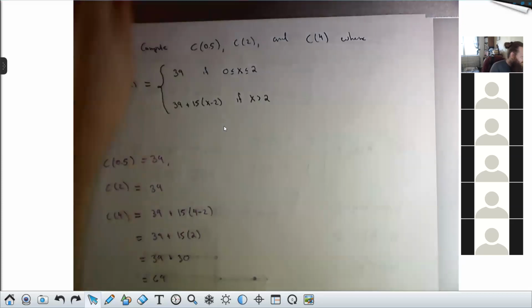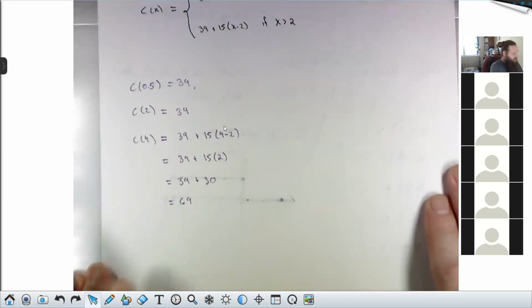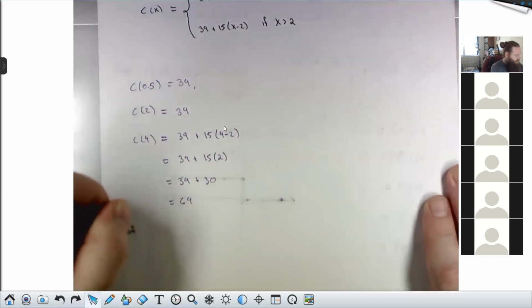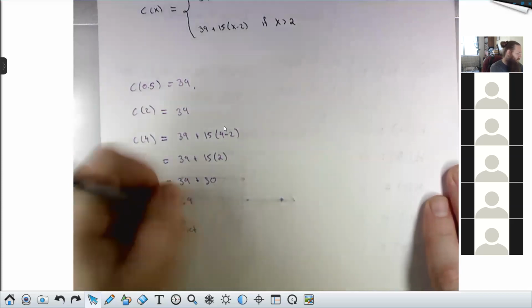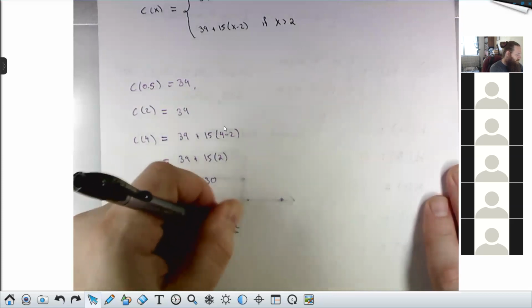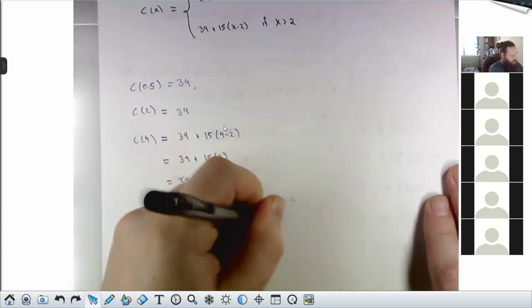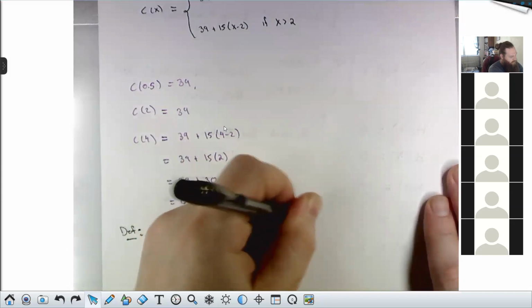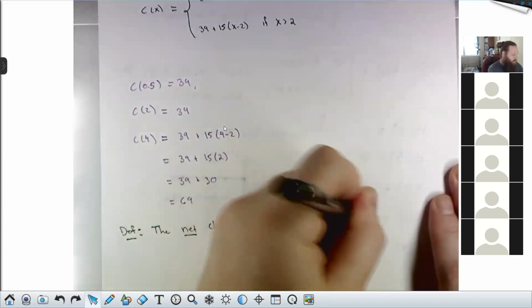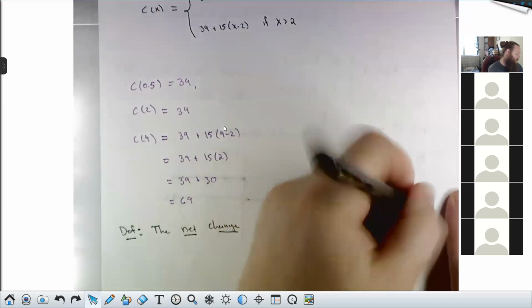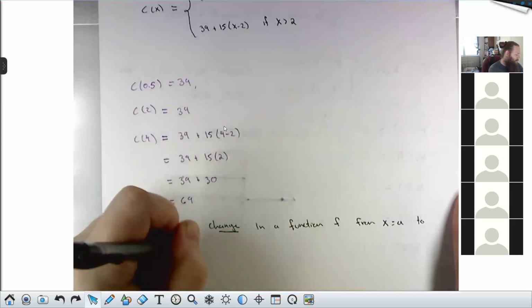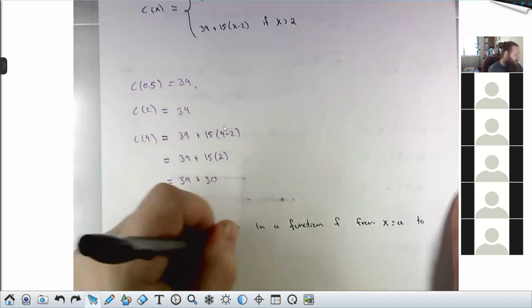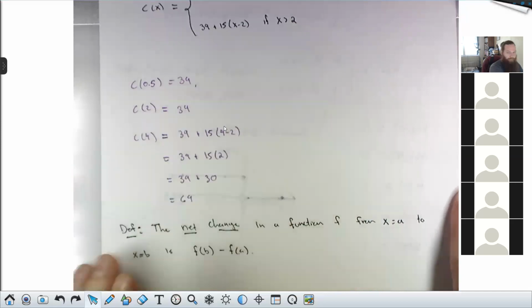One more little thing before I move on to graphs, and that's a definition of net change. So the net change in a function f from x equals a to x equals b is, just by definition, f of b minus f of a.